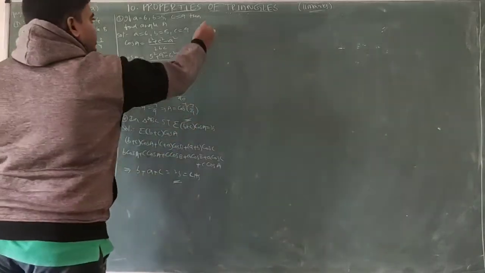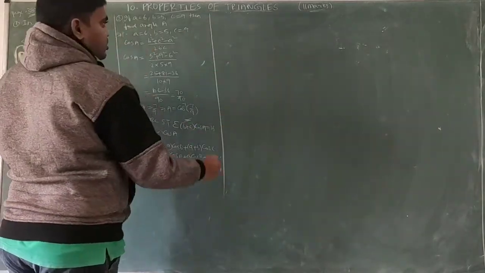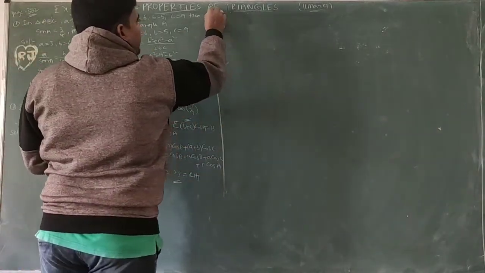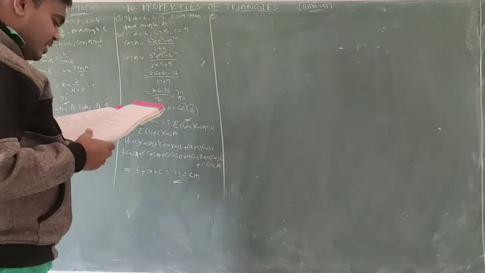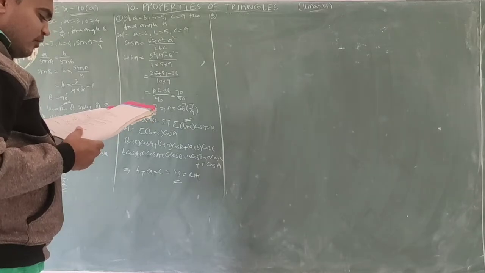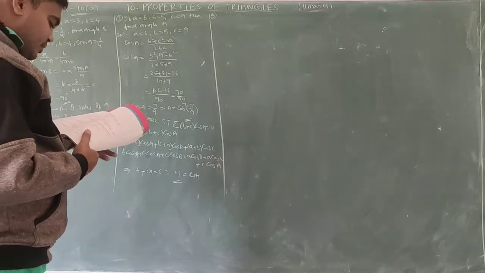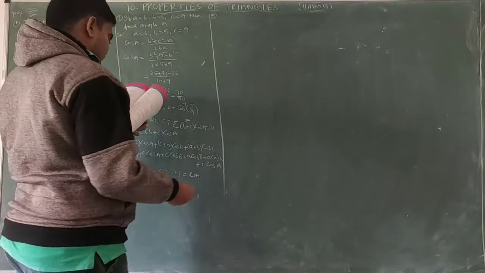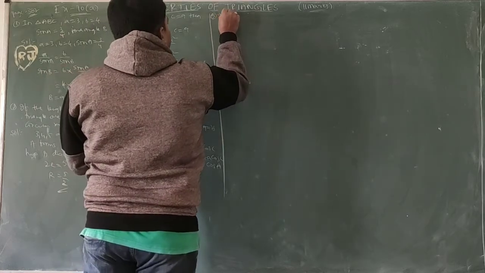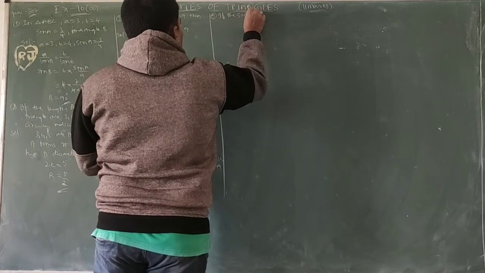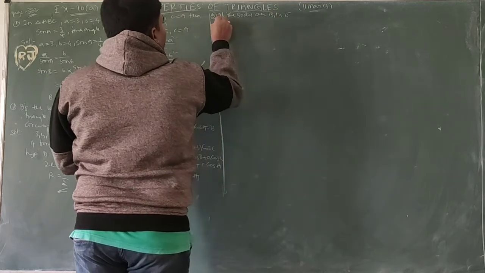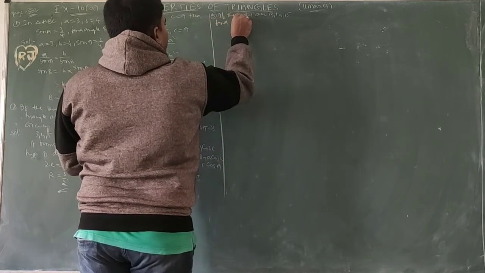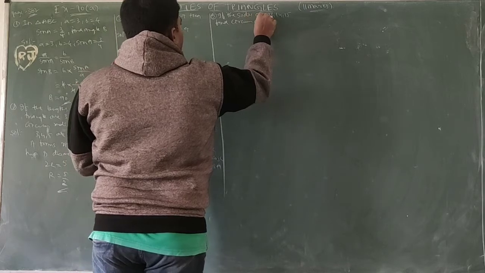Next, fifth one is: if the sides are 13, 14, 15, find the circumdiameter.